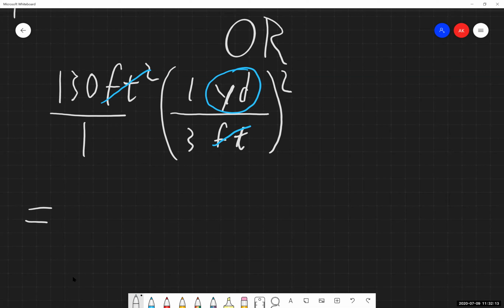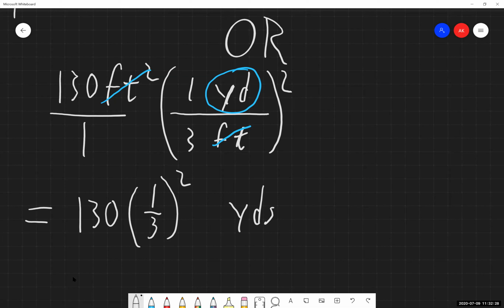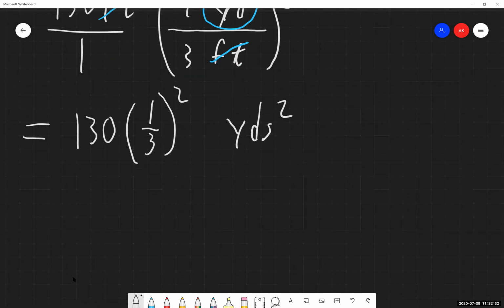So writing this out just numerically, it's the same as saying 130 times 1 over 3 to the second power, and then you can just write the units off to the side, square yards. So now, multiplying this out, we use PEMDAS, our order of operations. Exponents first. So 1/3 to the second power is 1/9.